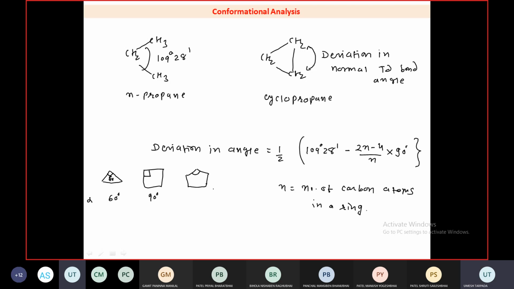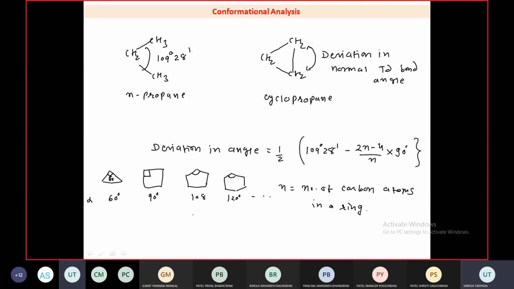As the ring size increases, this angle increases. So this angle becomes 108. Cyclohexane: this angle becomes 120. Similarly, 128 degrees and 30 minutes for the next ring.